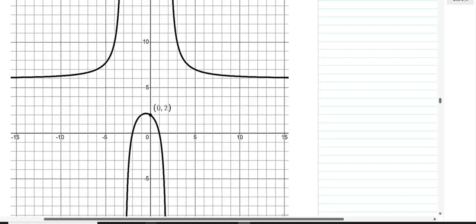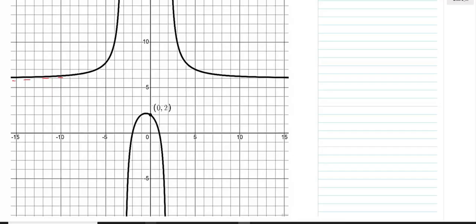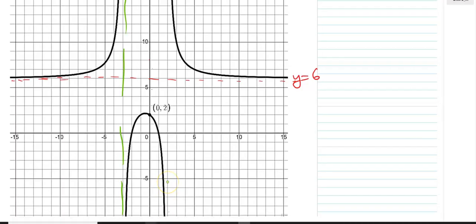First of all, we have a horizontal asymptote, y equals 6. Okay, we do have y-intercept -1. We do have a vertical asymptote here, a vertical asymptote here.